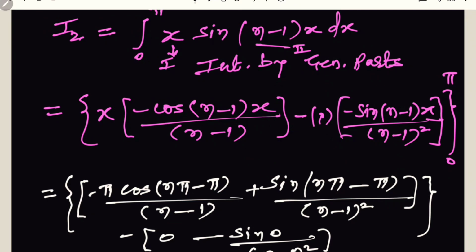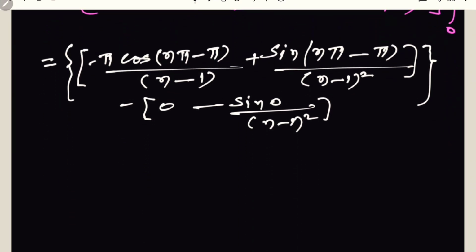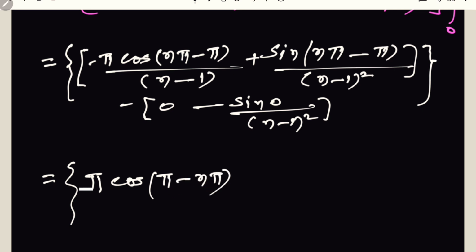Then that cos of (n pi minus pi) we can write by taking minus common. And cos of minus theta is cos theta. Therefore, it becomes cos of (pi minus n pi) upon (n minus 1), and sine of minus theta is minus sine theta.